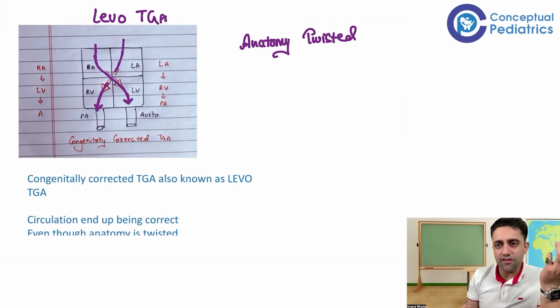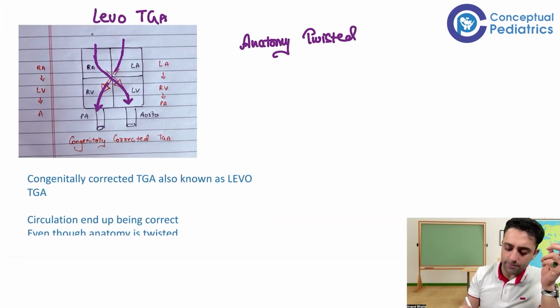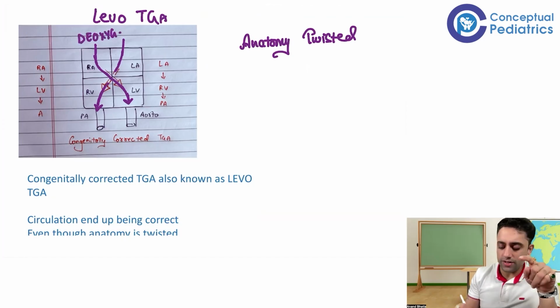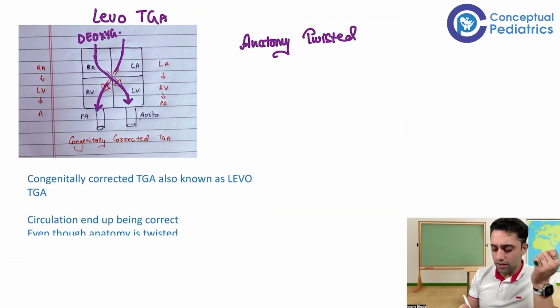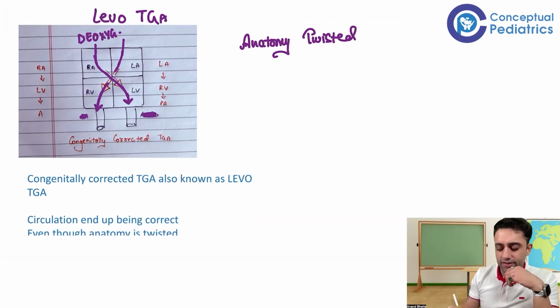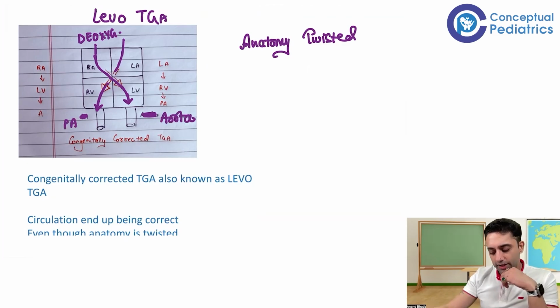The deoxygenated blood enters the right atrium, and the right atrium is connected to the left ventricle. So this deoxygenated blood from the right atrium goes to the left ventricle, and from the left ventricle, we all know, we have the aorta, and here we have the pulmonary artery.